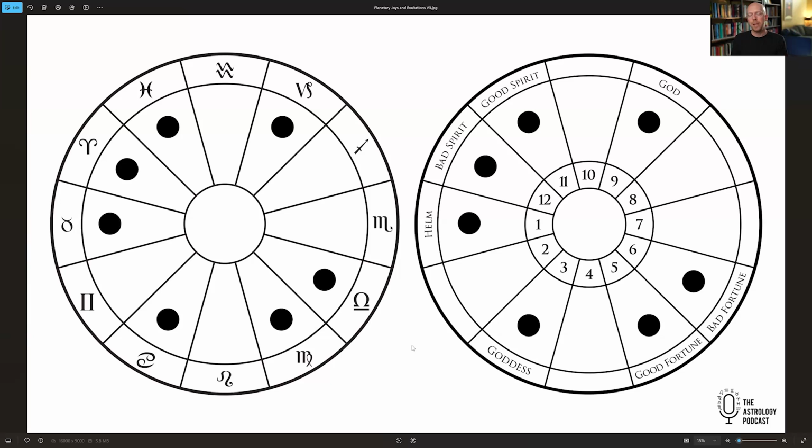But in fact, I actually now think that that's part of what happened. And you can see that happening here, for example, by the way that the planetary joys scheme is partially predicated on projecting the distribution of the exaltations onto the 12 houses in the planetary joys.